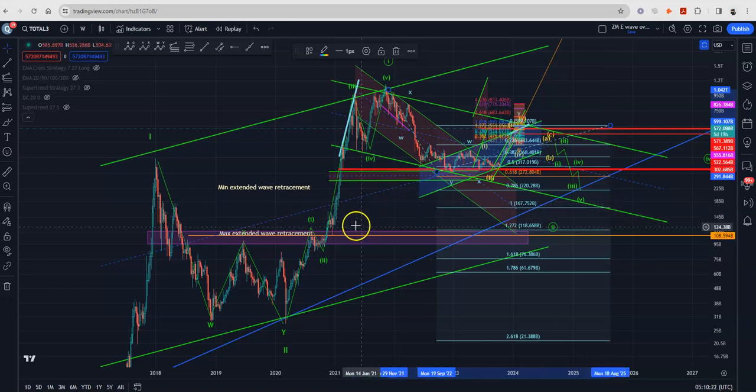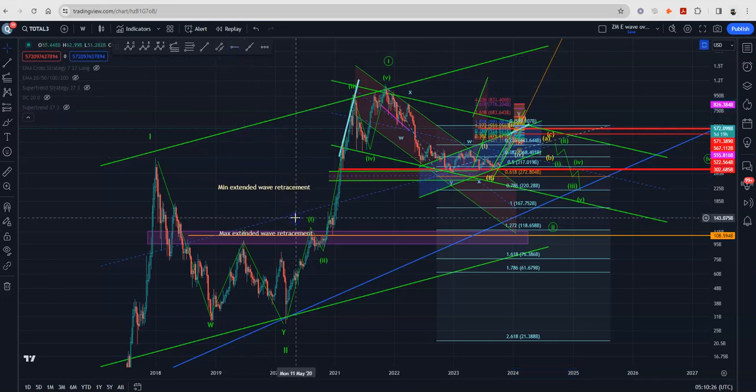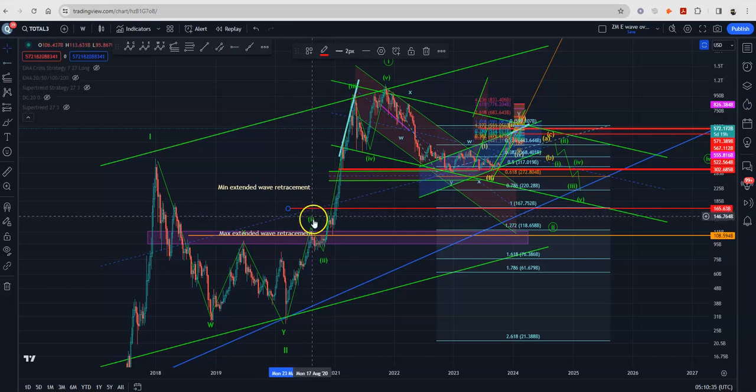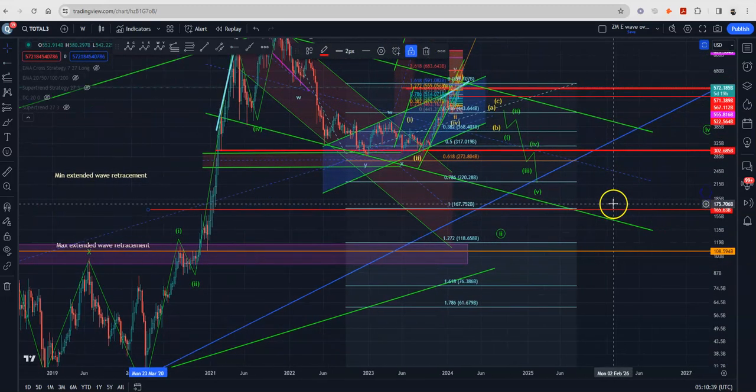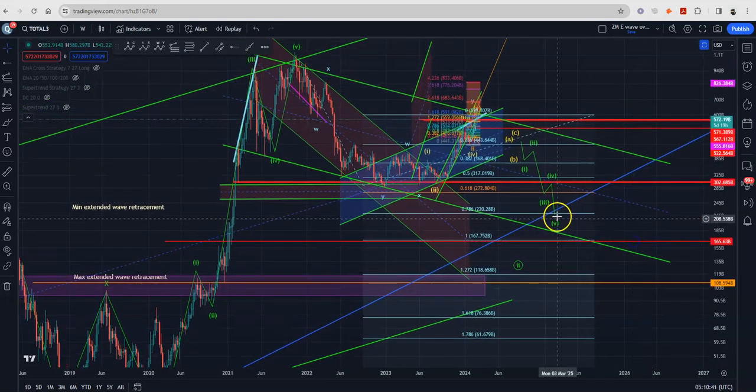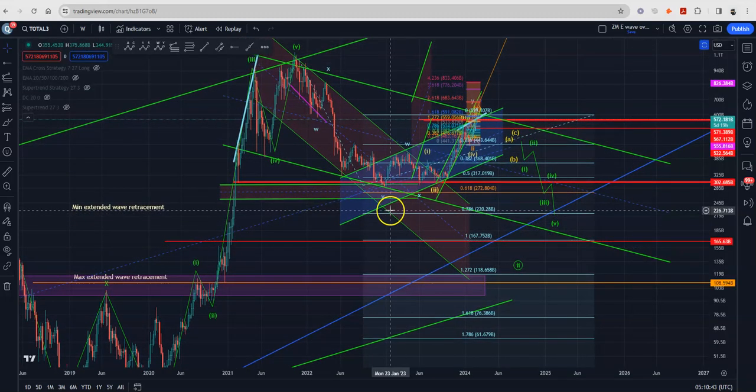We might hit this area here, July 2025. So get ready. All right, let me just put that there. Right with this area. So we'll see.